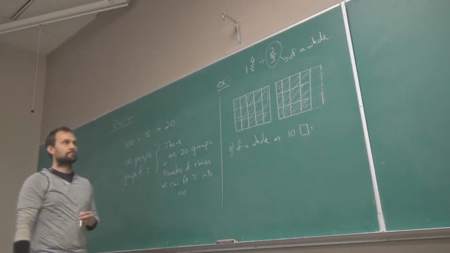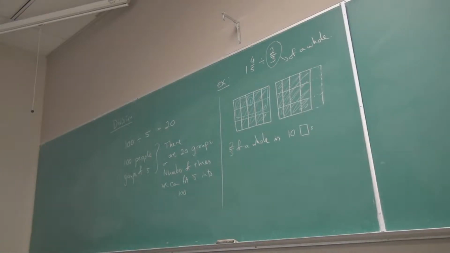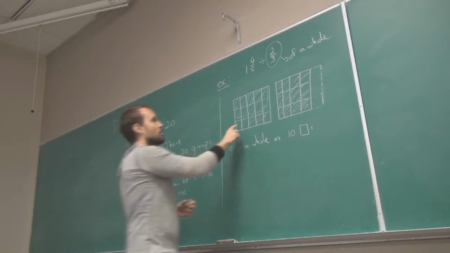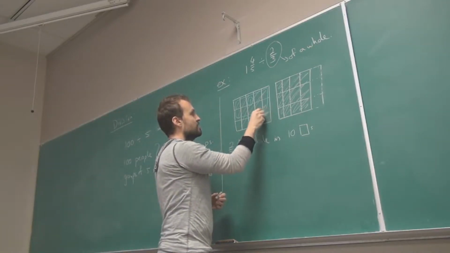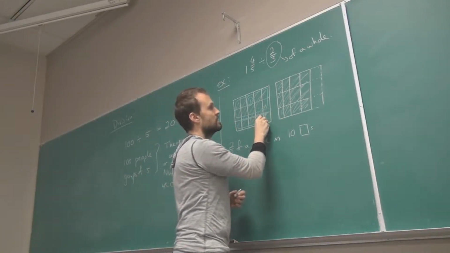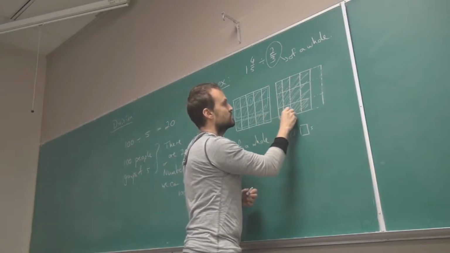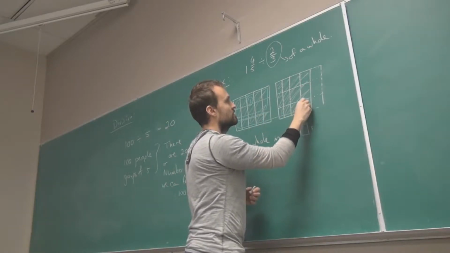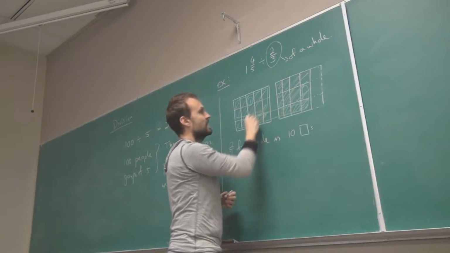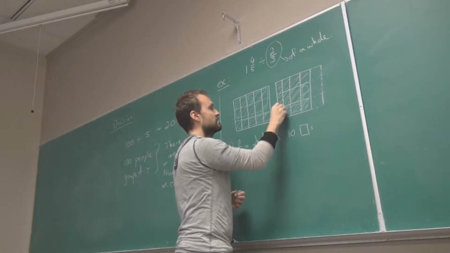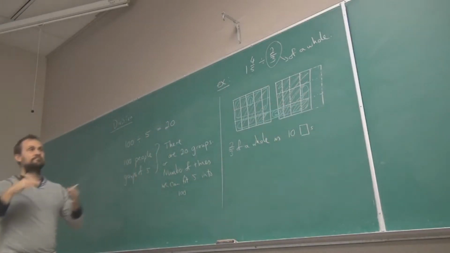Once. So I'm making groups of 10 squares. 1, 2, 3, 4, 5. 1, 2, 3, 4, 5, maybe like that. Doesn't matter which order they are, as long as I group them.